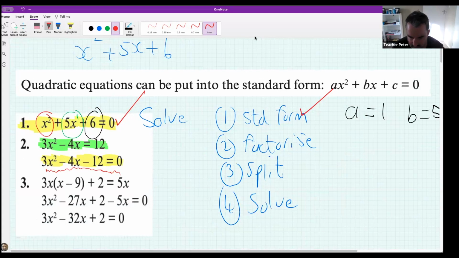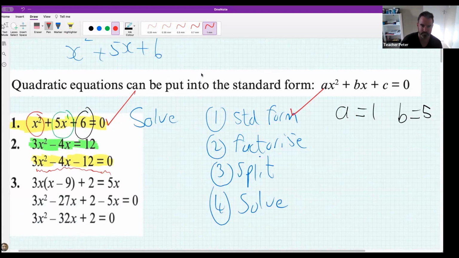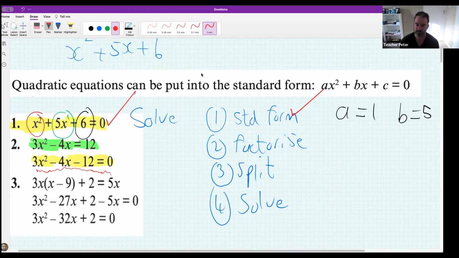What method of factorization should I use?